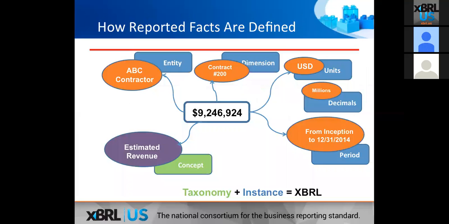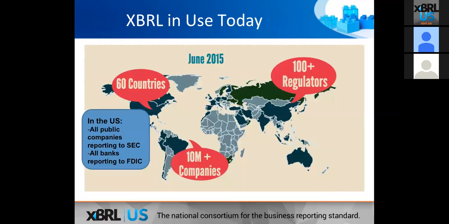Actually, I think it should be contract costs as the concept, but everything else stays the same. So that same value has metadata embedded around it that helps a computer understand what it's working with. So hopefully that helps clarify how XBRL works.